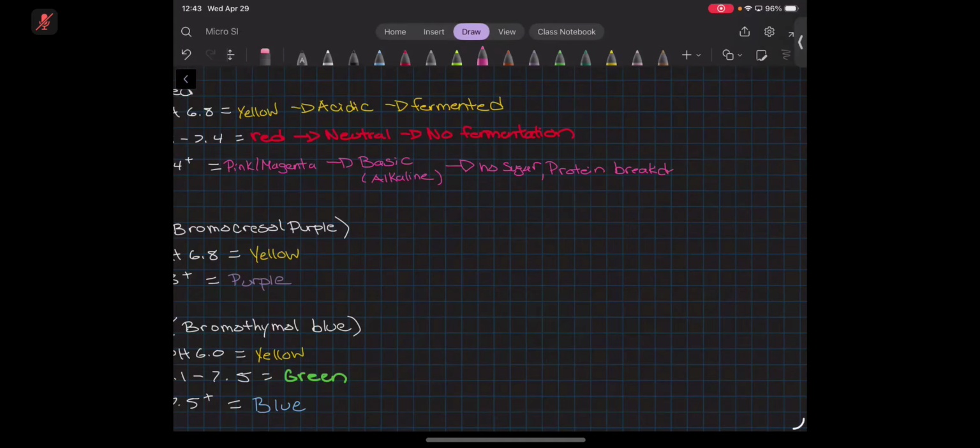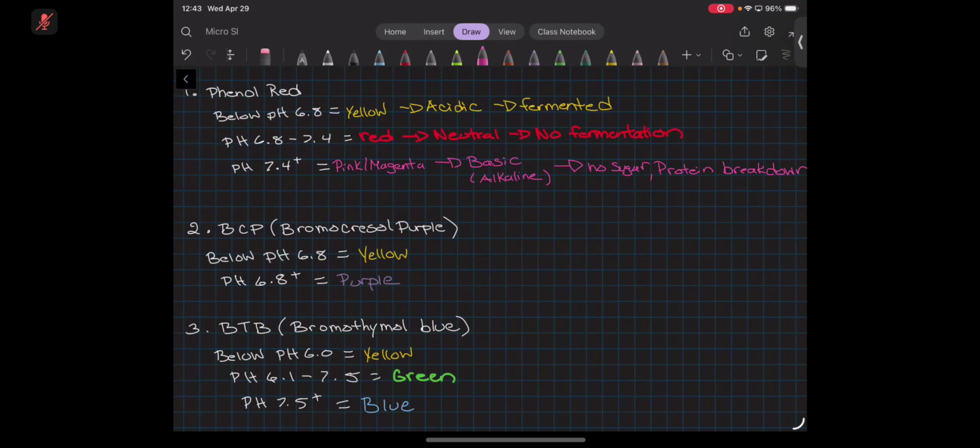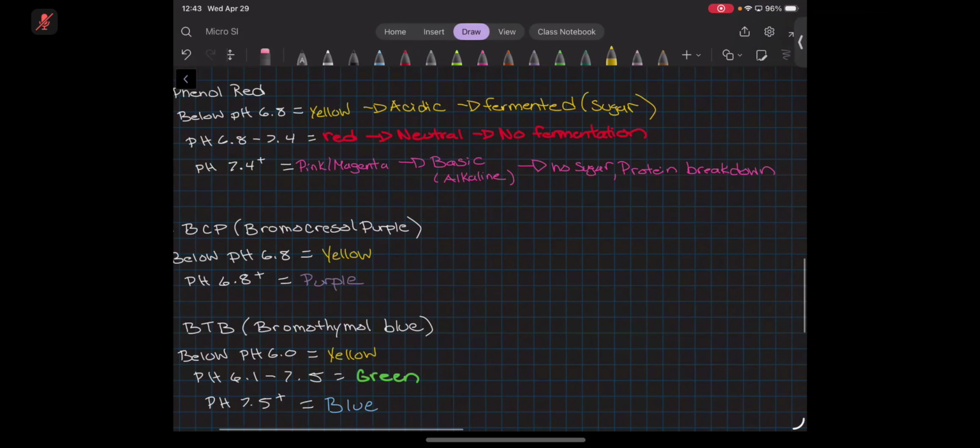Yeah, but with proteins, not sugar. So the yellow tells you that there's sugar, the sugar was fermented. The pink tells you that there's no sugar, but there's proteins in there, and some sort of enzyme reaction happened, which broke the proteins down. That's what it tells you.